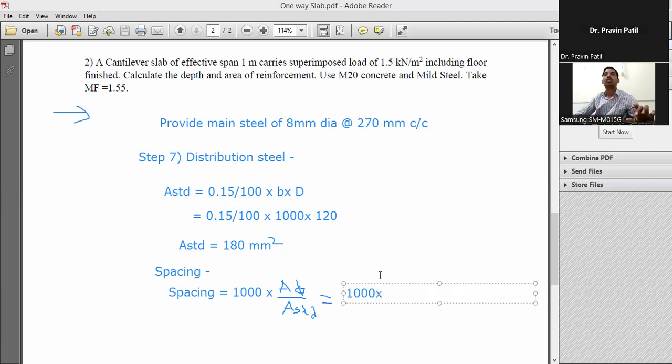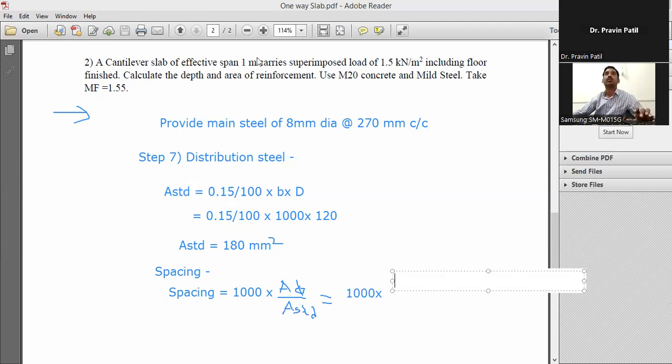That is pi by 4 into 6 square, just assuming the distribution reinforcement is 6 mm diameter. Divided by ASTD, which is 180 mm square, into 1000. So it will be 157 mm.